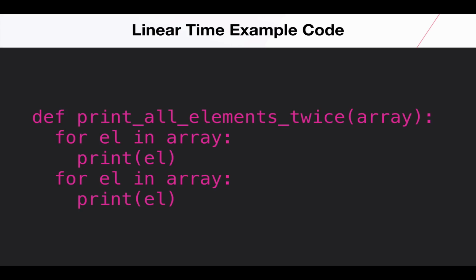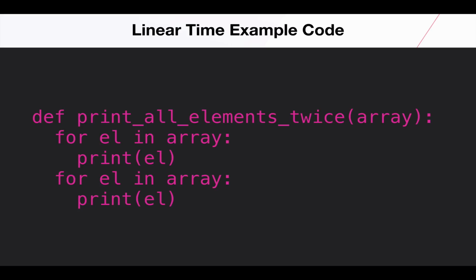Next up, if we had a function like this, some function that's given an array and it's going to print all the elements twice, in this case the proportion is not 1 to 1, because we're doing two things per element in the array.